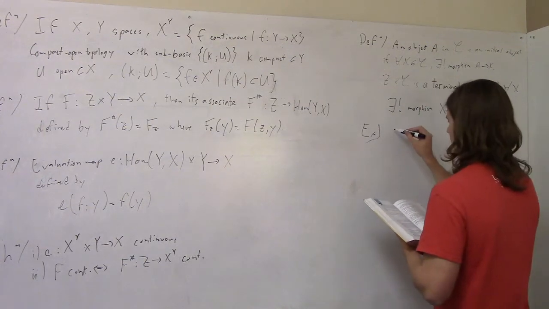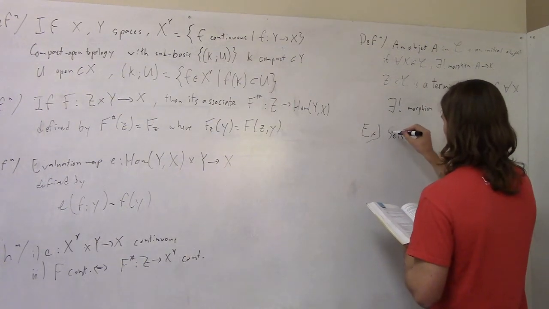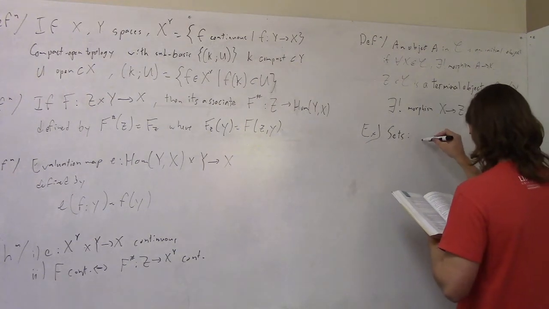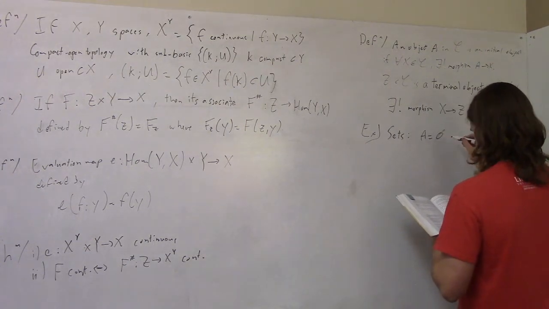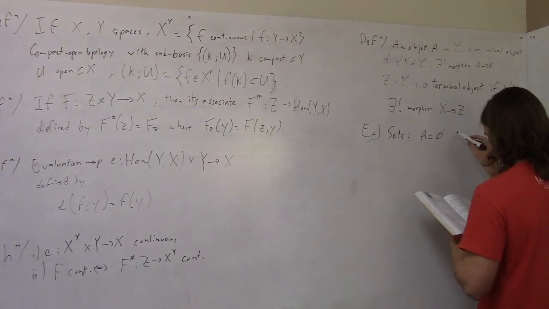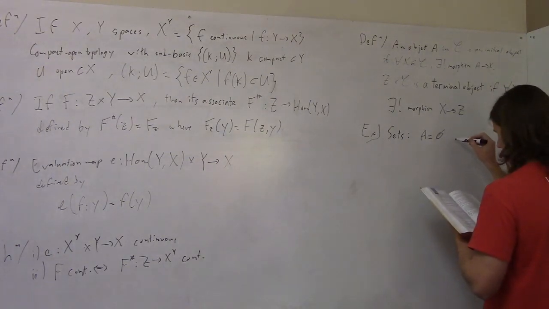So in the category of sets, the initial object is the empty set, and the singleton set is a terminal object.